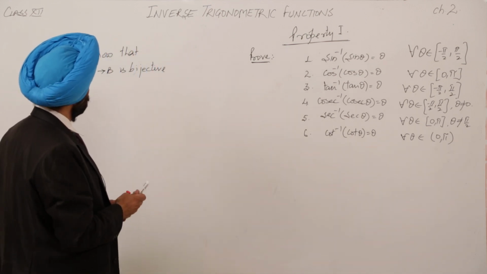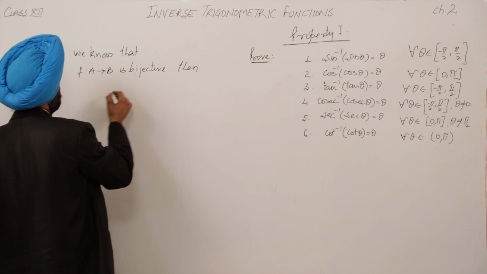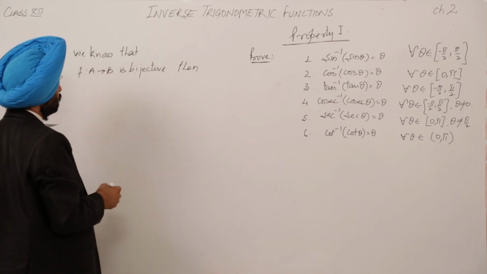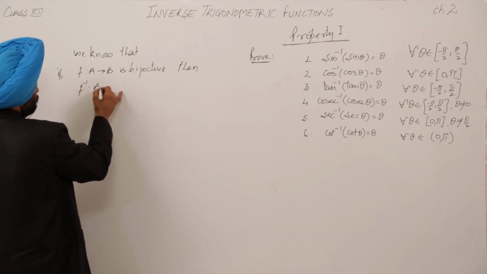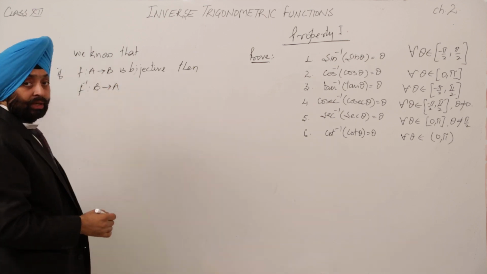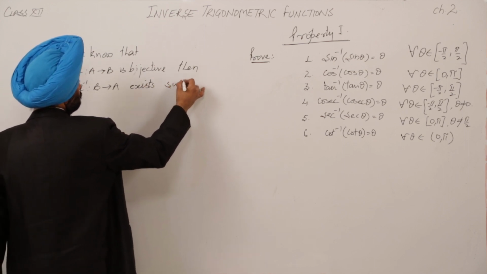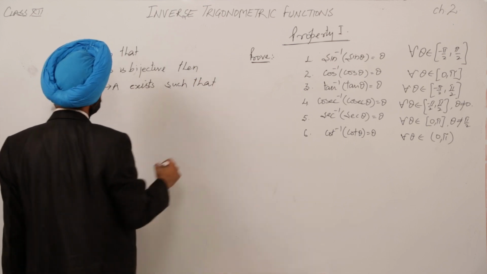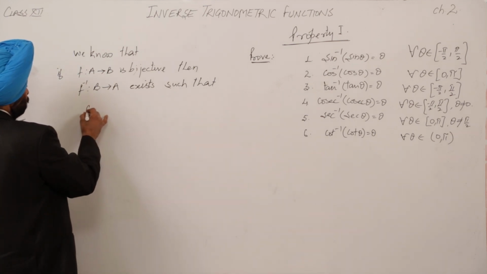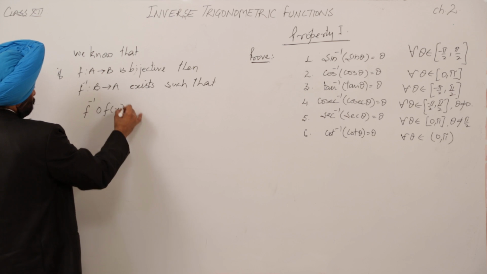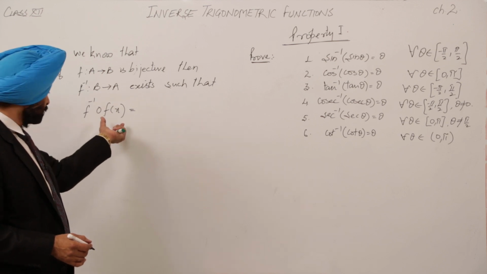So if a function from A to B is bijective, then the inverse of the function from B to A exists, such that, be careful, first comes this function and then the whole result will be of the inverse part.